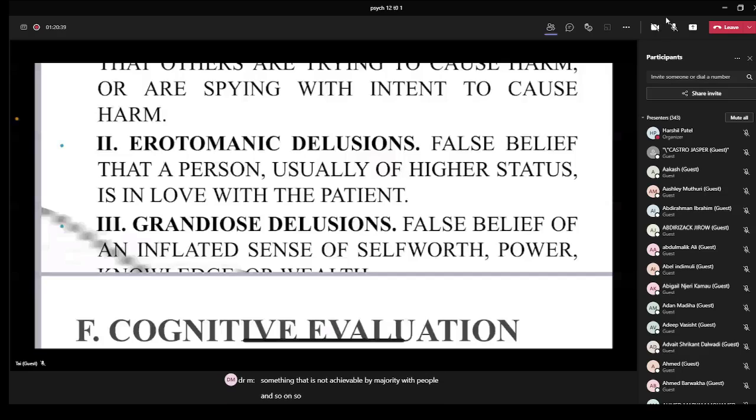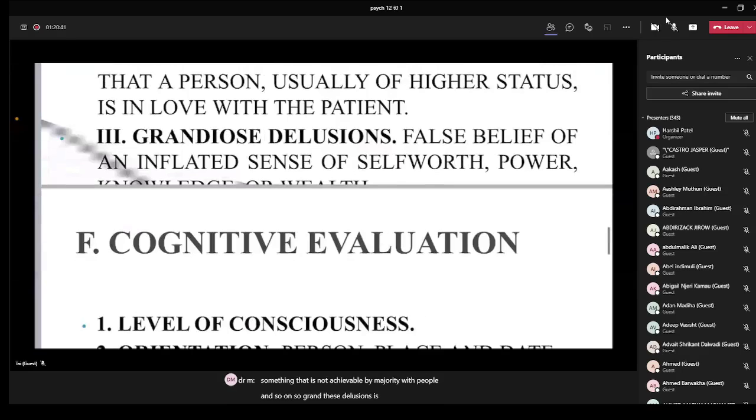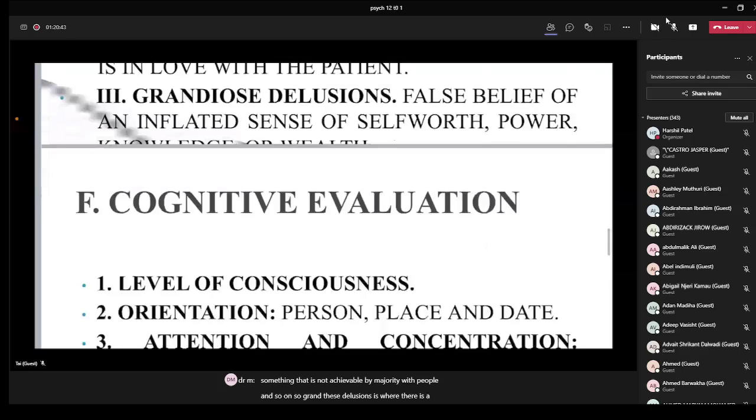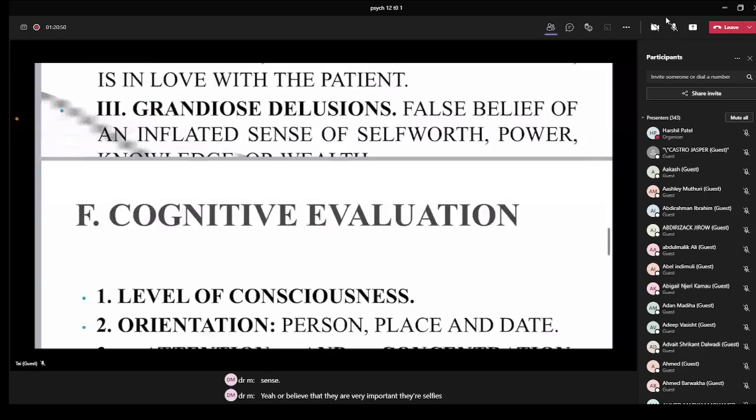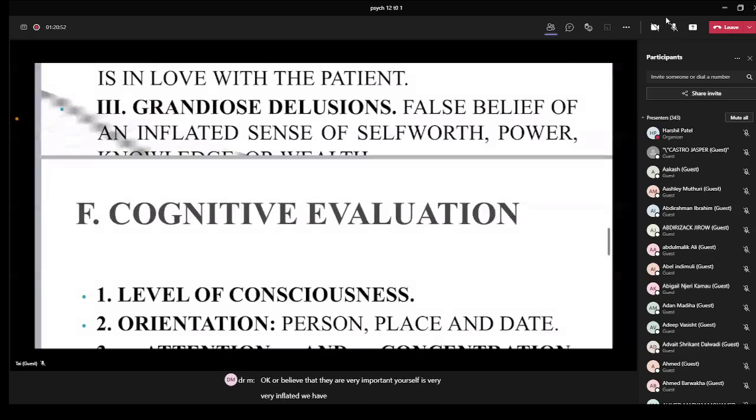So grandiose delusions is where there is a false sense or belief that they are very important. Their self is very, very inflated. They have supernatural powers. Grandiose delusions are very common in people suffering from bipolar disorders, the mania type. We'll be demonstrating this in the patients during ward teachings.